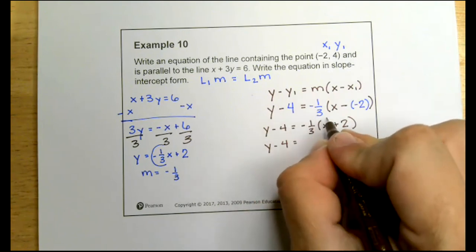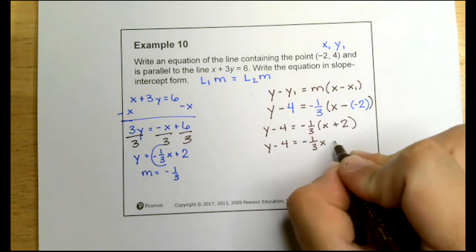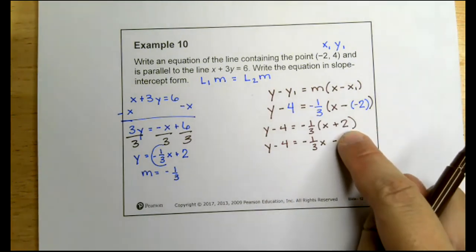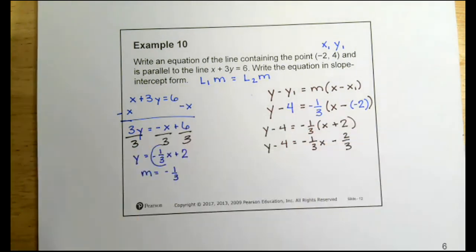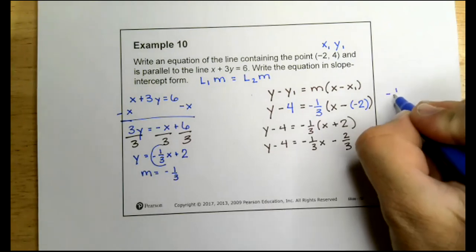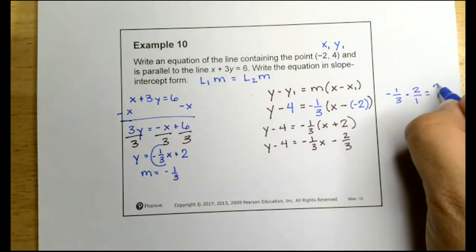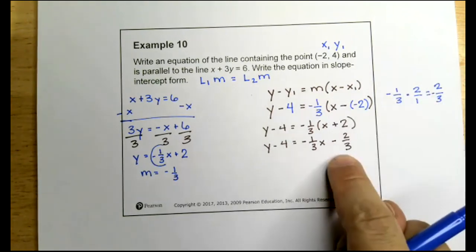And now let's distribute the -1/3. -1/3 x minus 2/3, right? We're multiplying -1/3 by +2. -1/3 times 2/1 becomes 2/3, but with the negative, -2/3.